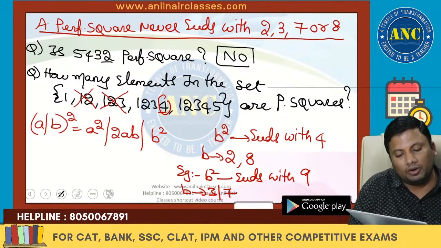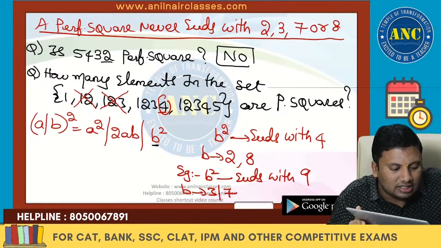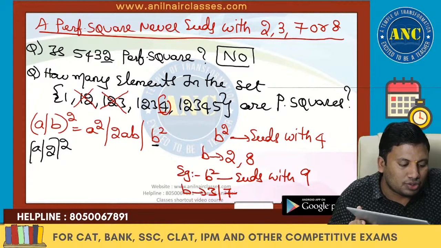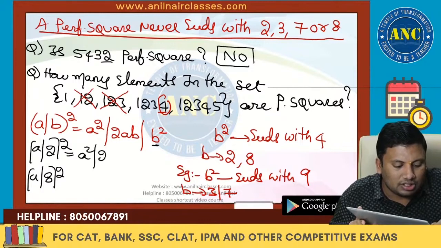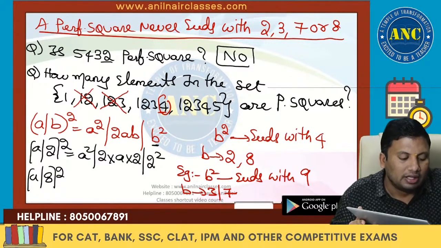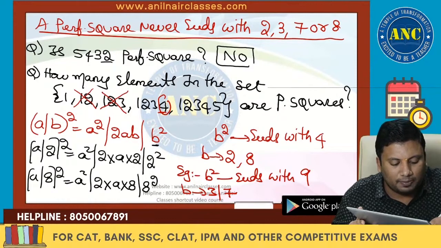(a plus b) whole square is a square plus 2ab plus b square. It is ending with 4, so b can be either 2 or 8. This is a square, next is 2ab, and next is b square.